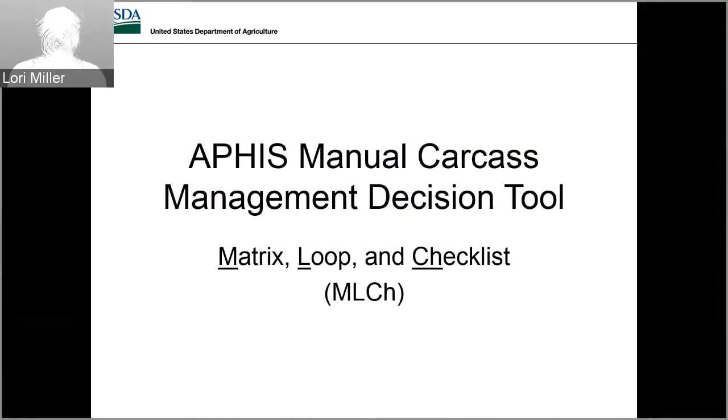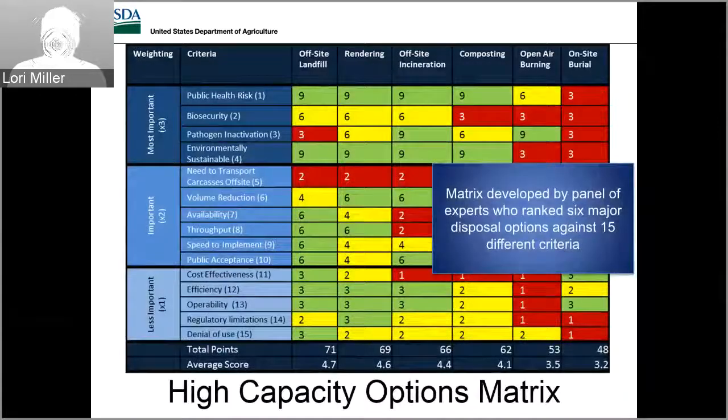And so this is what it looks like. It's the manual carcass management decision tool, which consists of a matrix, a loop, and a checklist. So we fondly call it mulch. The matrix was developed by that panel of experts I mentioned earlier, and it looks at the 6 major disposal options, which are permitted landfill, rendering, permitted incineration, composting, unpermitted open air burning, or unpermitted on-site burial.